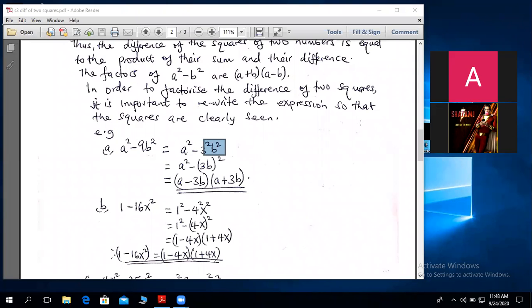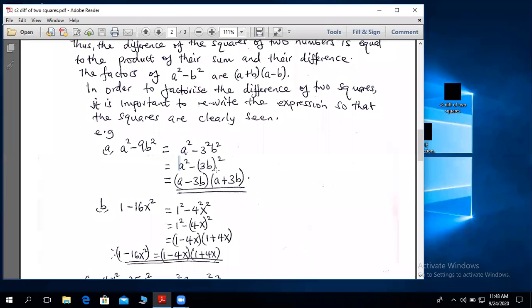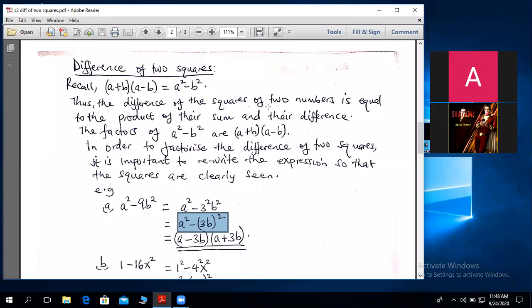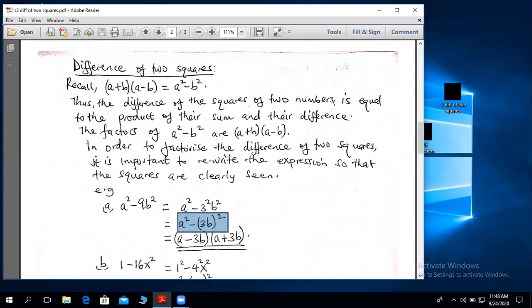Then when I do that, I'm going to have my difference of 2 squares. So remember the definition. The difference of squares of 2 numbers is equal to the product of the sum of the numbers and their difference.